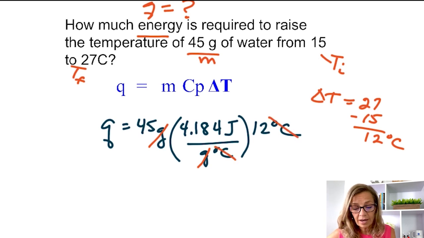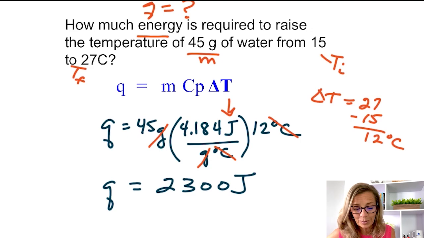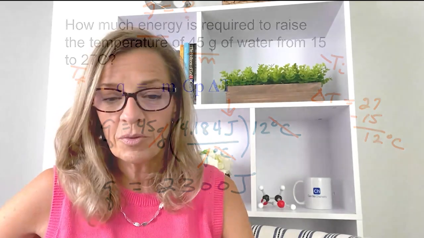Degrees C on the top, degrees C on the bottom. I'm left with joules, and Q is equal to, let's see, 2,300 joules. That's how much heat it takes to raise the water temperature. Now, if we wanted to raise the temperature of a larger quantity of water, it would take more heat. Or if we wanted to go to a higher temperature, more heat.